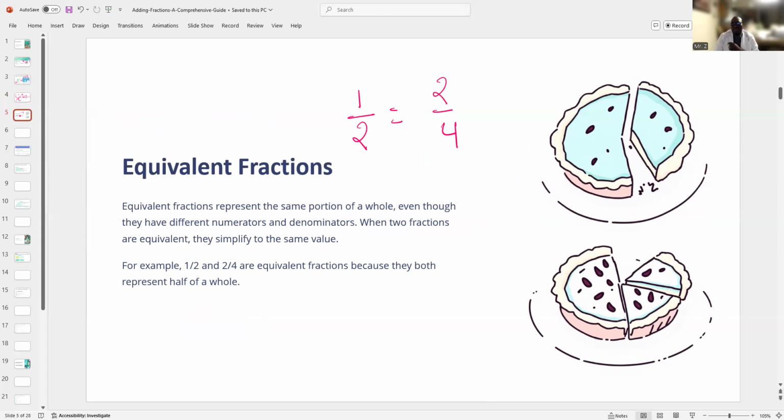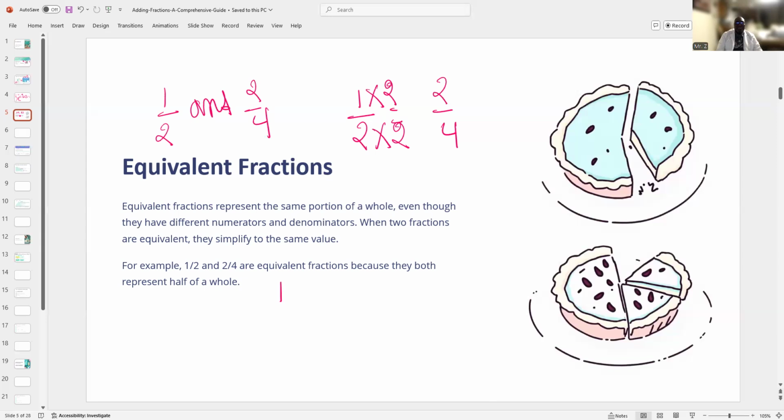Because for 1 over 2, I multiply that 1 by 2, and I multiply the denominator by 2. So I multiply both by the same number. I got 2 over 4. So 1 over 2 and 2 over 4 are what we call equivalent fractions.